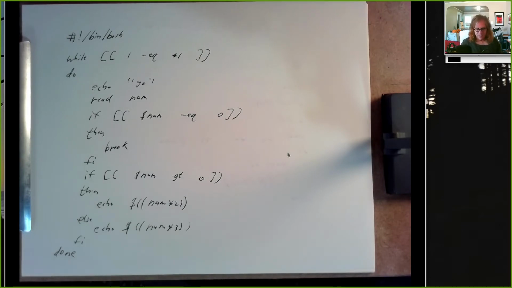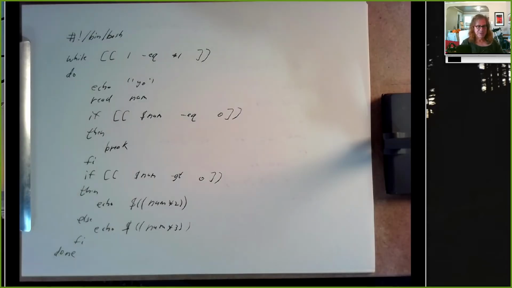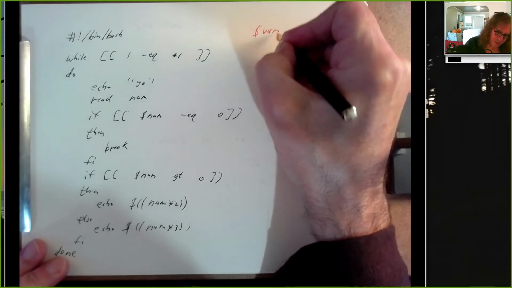Alright, other ways you could have done it as well. So issues I saw on that, and most people did pretty well on this question relative to the other questions. You know, the usual comments about syntax errors for whiles and ifs. Make sure that if you want the value of a variable, you say $variable.